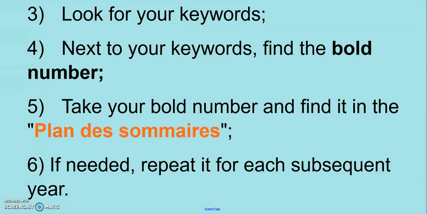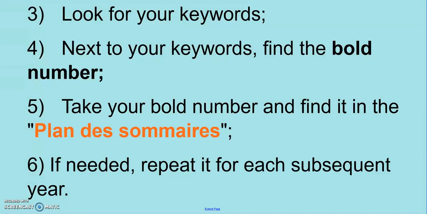Don't do it now, because obviously for this one, I did not photocopy case number 3056, so you would be searching for nothing. But I have an exercise in which you have the answers in your booklet. And if needed, you repeat for each subsequent year.